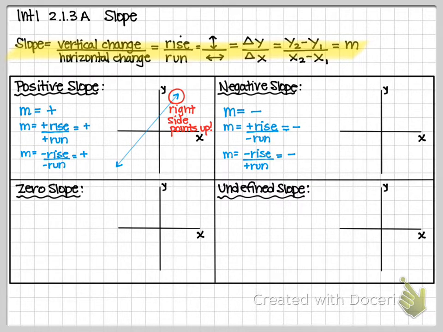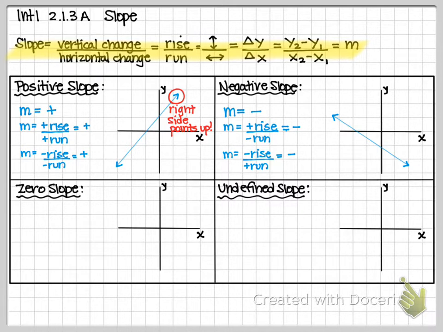Hopefully you have your prediction of what this one's going to look like. Well, in this case, it's going to look like it's been flipped from the positive. So we're going to start high on the graph on the left-hand side, and then the graph is going to go down to the right. So high on the left, pointing down on the right. Again, it's a nice little visual cue.